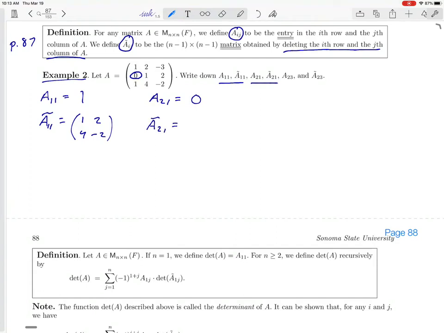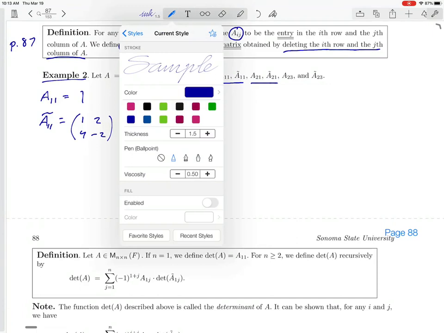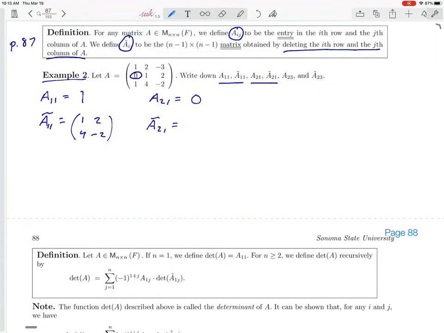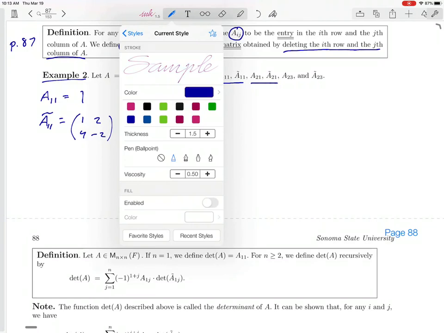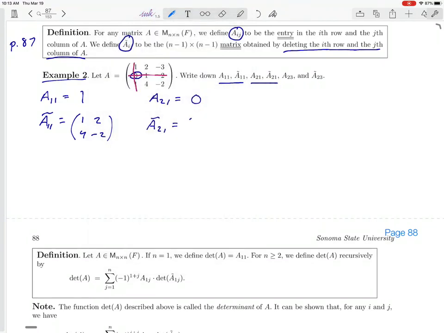Then the matrix A21 tilde would be the 2 by 2 matrix that we get by crossing out the row and the column that 0 is in, the second row and the first column. You can see what's left there: a 2 by 2 matrix that looks like 2, negative 3, 4, negative 2.